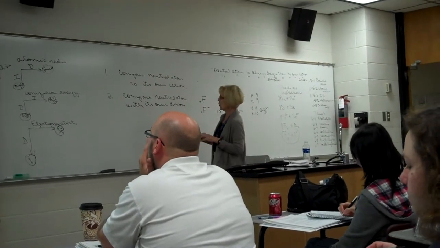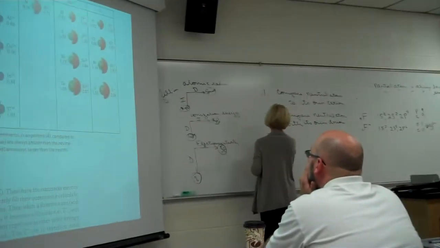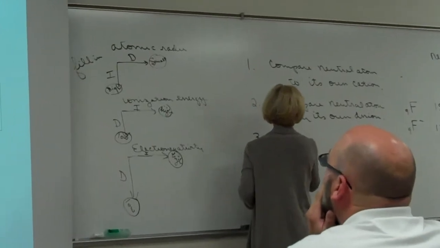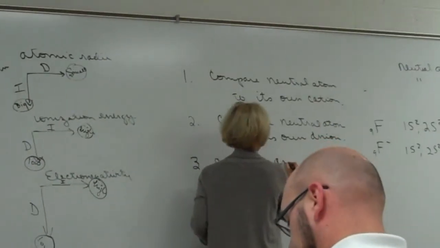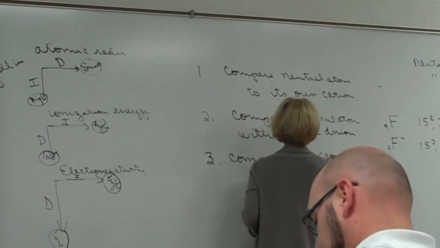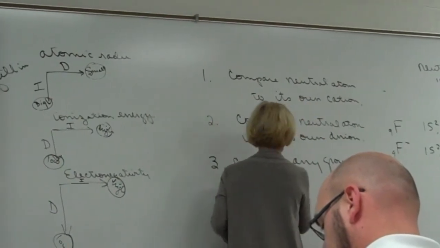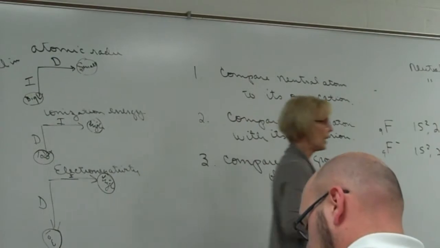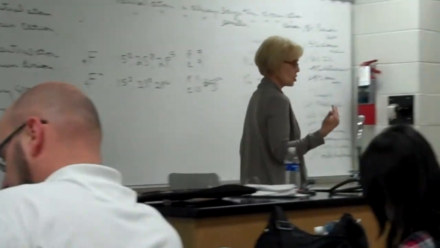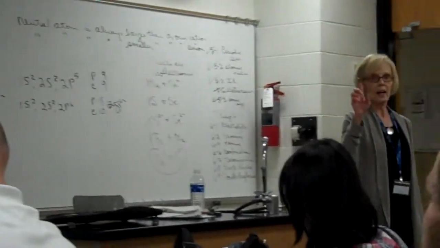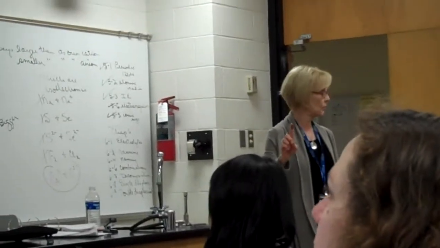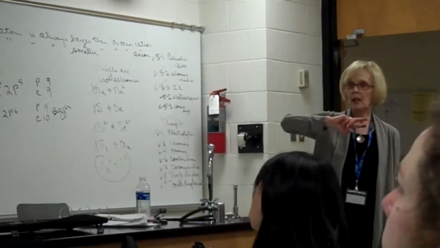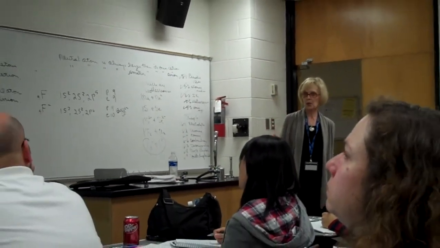Okay, then the third possibility: compare any group of ions. When we attack that, we really don't have a generalization. What we have to look at is first the electron configuration, and then if that doesn't work, we play the numbers game.